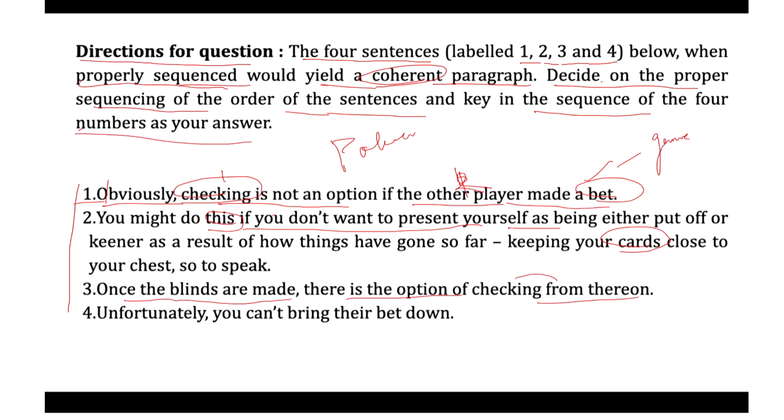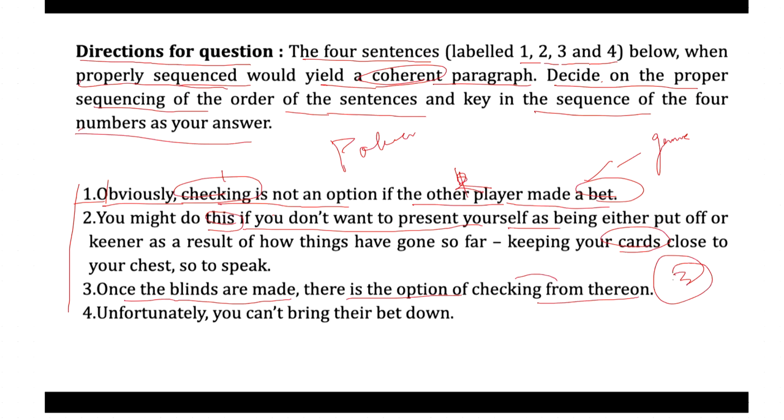So three states the option of checking from there on, and two states what will happen if you do this: you're keeping your cards close to your chest, so to speak.